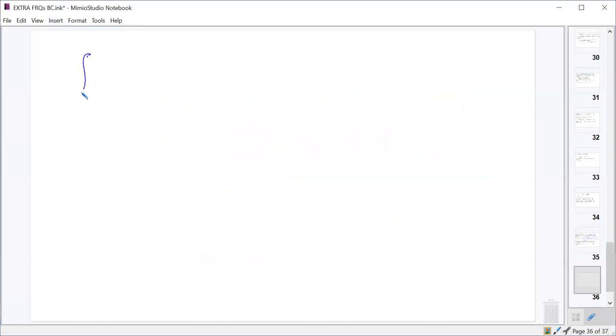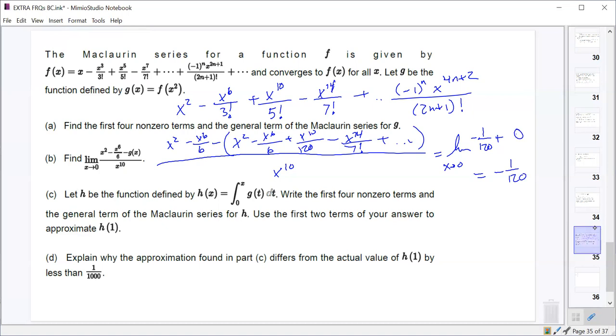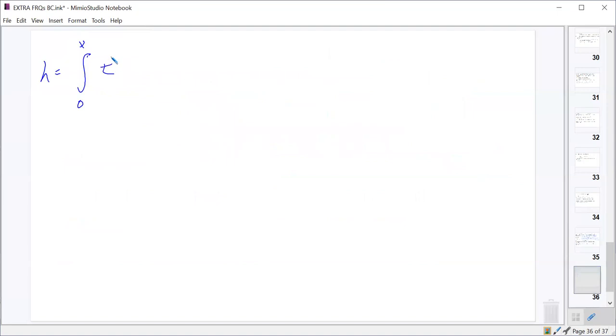Let's say h is equal to the integral from 0 to x of our function g, and we'll write it as g of t. So that'll be of t squared minus t to the 6th over 3 factorial plus t to the 10th over 5 factorial.